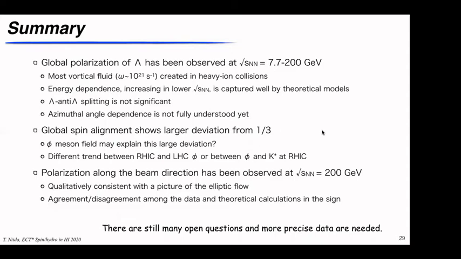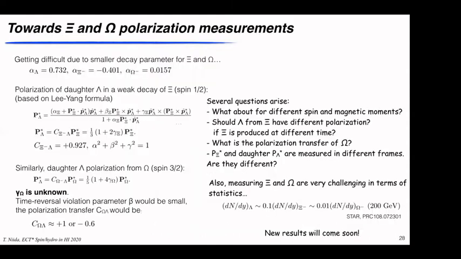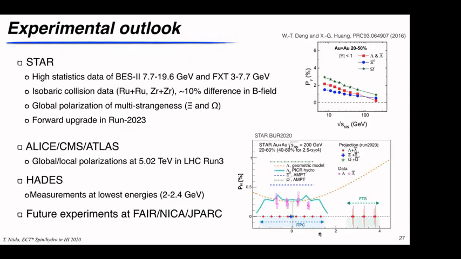Yes, I have two questions. One is an experimental question. Can you show the rapidity dependent lambda polarization, your planned experiment on rapidity dependence? What puzzles me is, if I remember, the global polarization at 200 GeV is tiny.